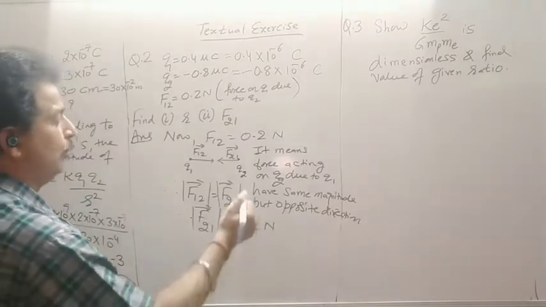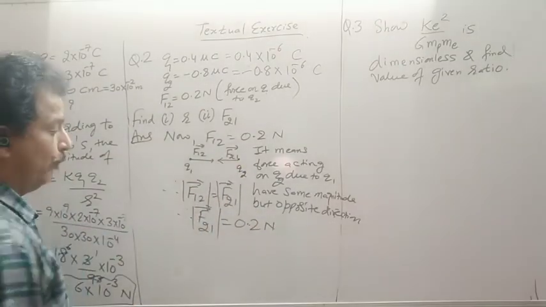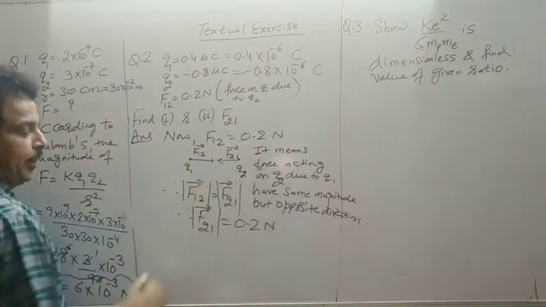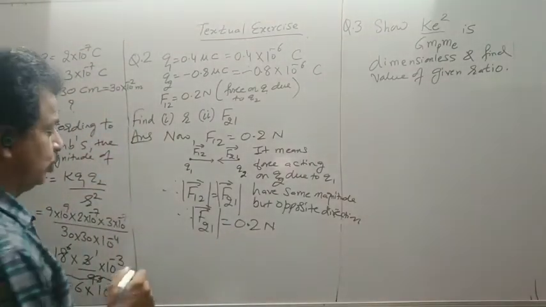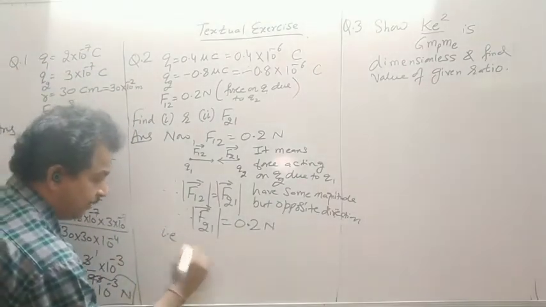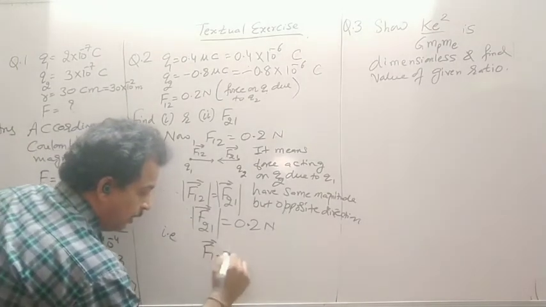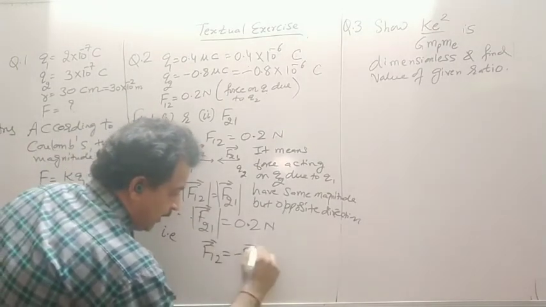So we know that Coulomb's law obeys Newton's third law, that is, action and reaction are equal in magnitude but opposite in direction. That is, F12 is equal to minus F21.